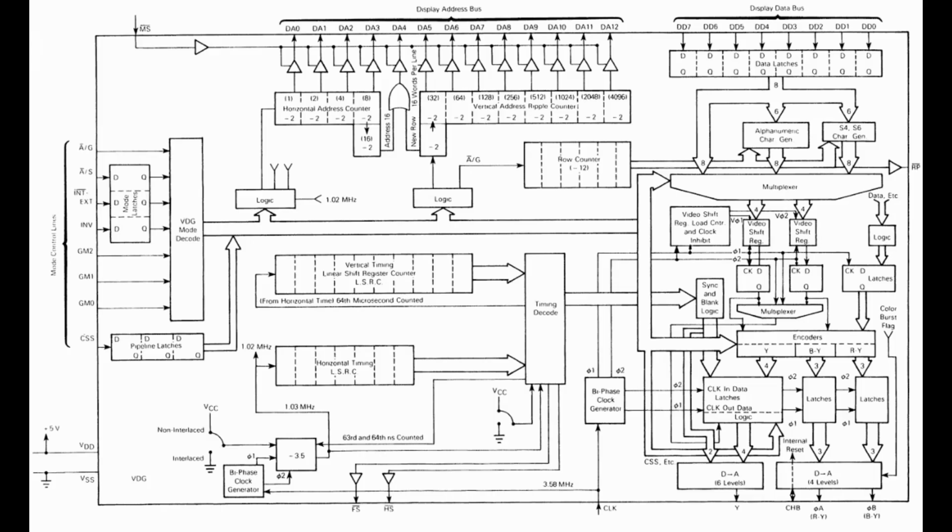Internally, the VDG has to keep track of horizontal and vertical positions to drive the frame timing and which bit or bits of data are actually being displayed. The position and data combined with control signals define the color of the output and how often the signal address bit changes.